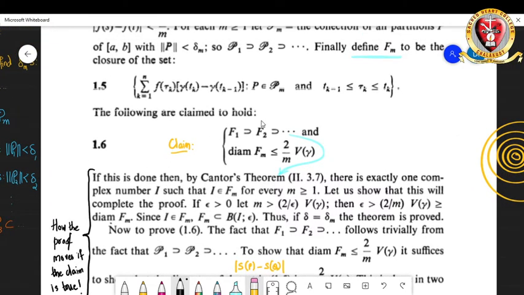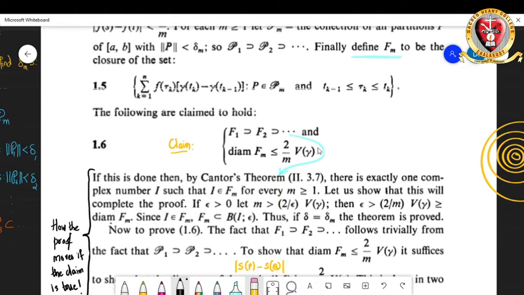The first claim is that the F m's we defined are in decreasing order of containment. That is, F1 is a superset of F2, a superset of F3 and so on. And the diameter of F m is less than or equal to 2 by m into capital V of gamma. Capital V of gamma is nothing but the total variation of the function gamma.